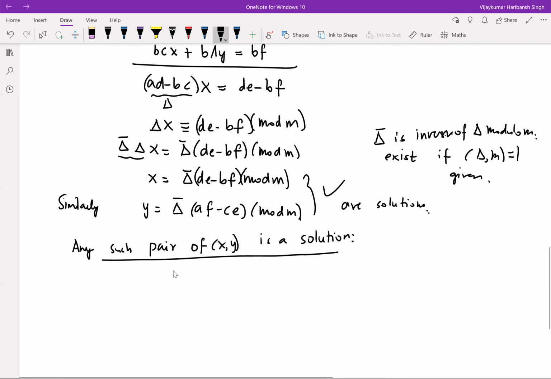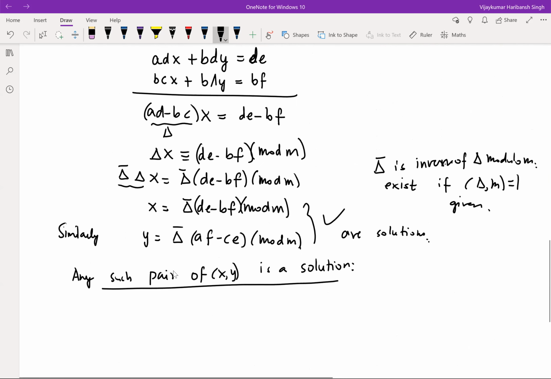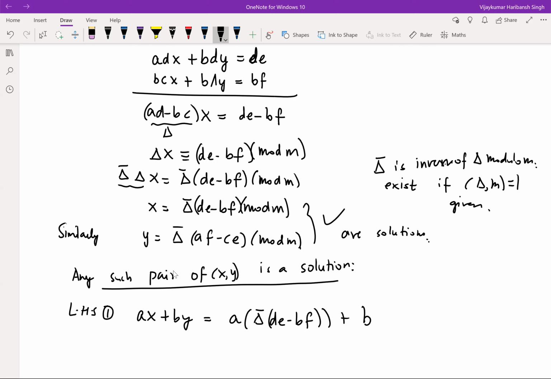So if you substitute in the first equation, the left-hand side ax plus by is a times my x, which is delta bar (DE minus BF), plus b times delta bar (AF minus CE).